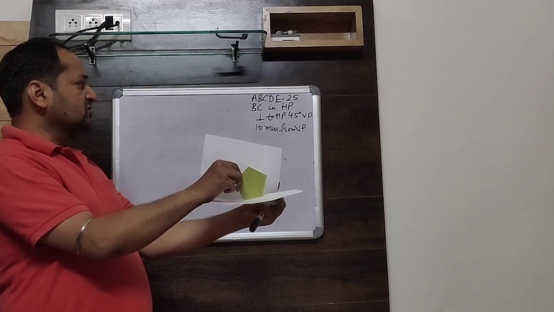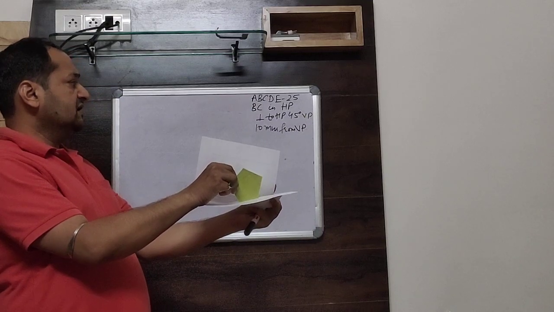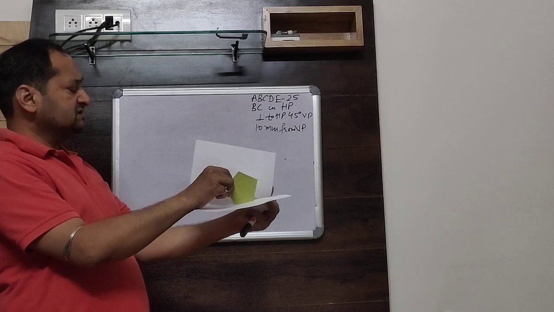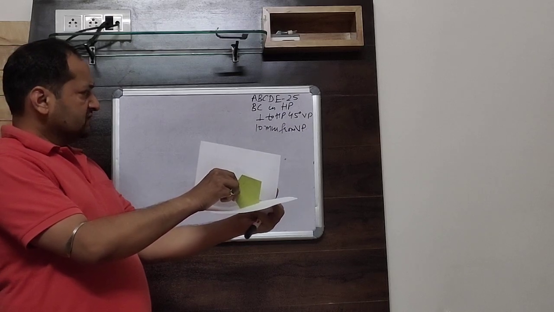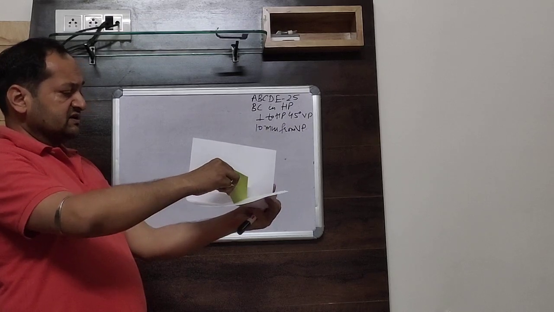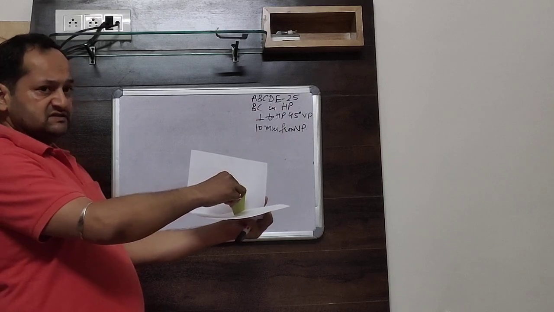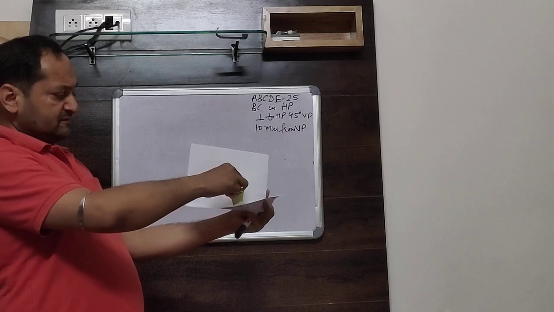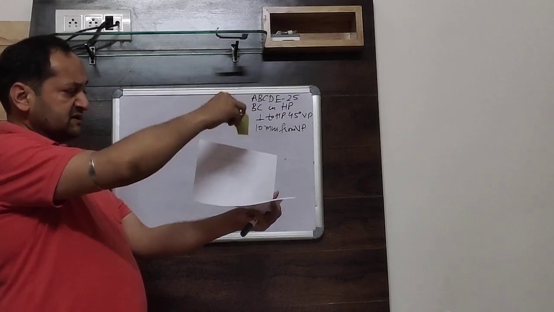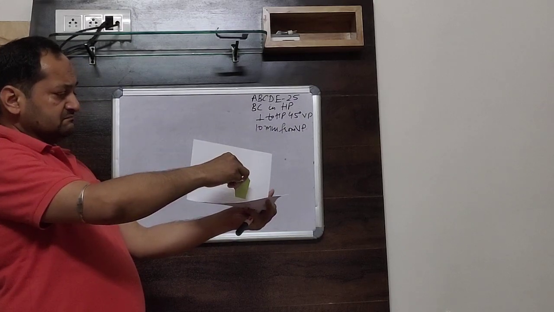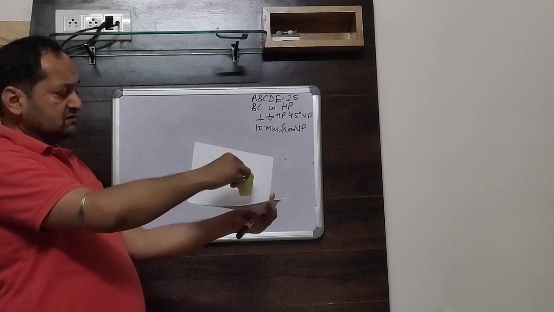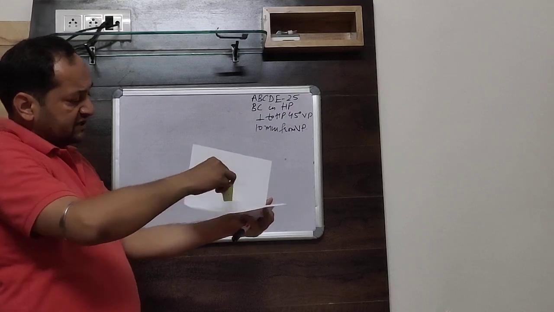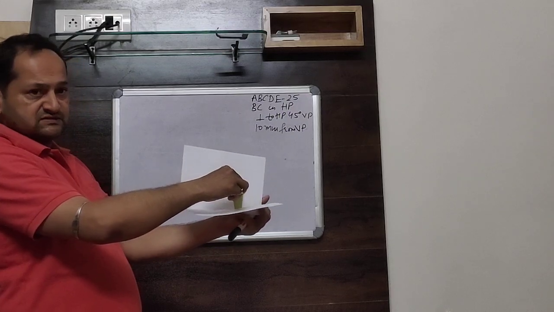Its plane is perpendicular to the HP and 45 degrees inclined to the VP, like this.